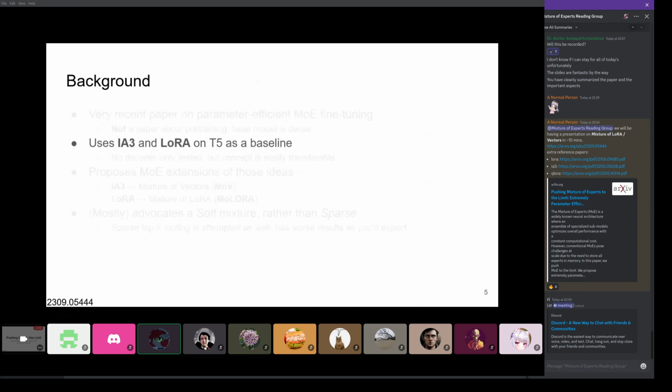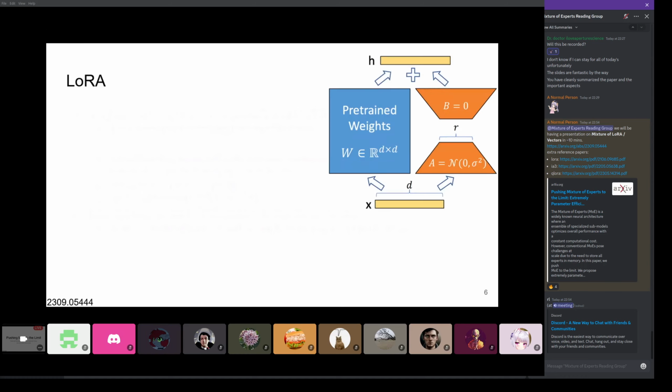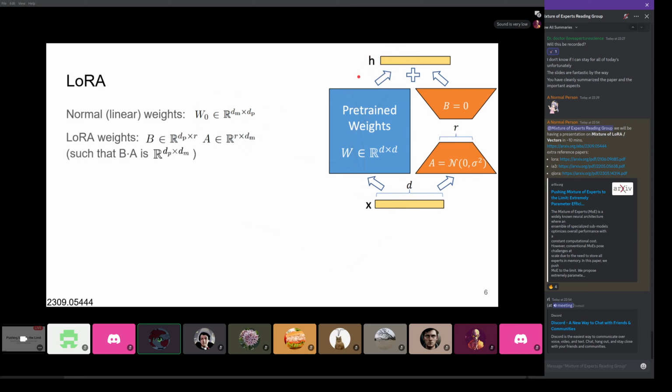Let's talk about the basics for anyone who does not know what IA3 or LoRa is. Normally, in any kind of linear layer, you have a weight matrix and you take an input vector and multiply it by the weight matrix, and out comes an output vector. Very simple.